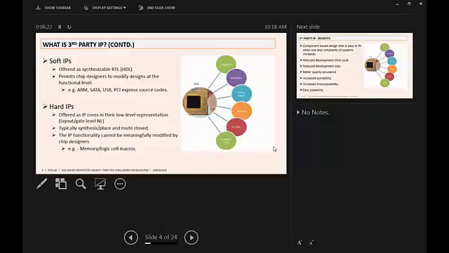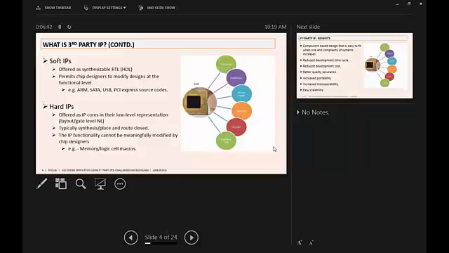And then the hard IPs. The hard IPs are typically not available at your front-end, but they come as a net list, something like a hard macro, which everyone is familiar with. They are brought into the gate-level net list.